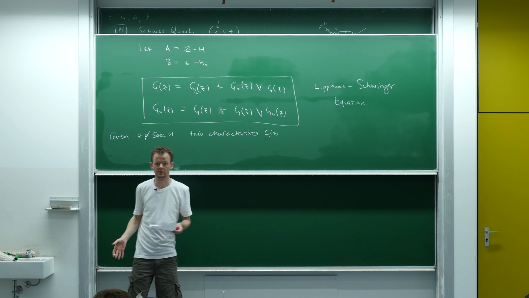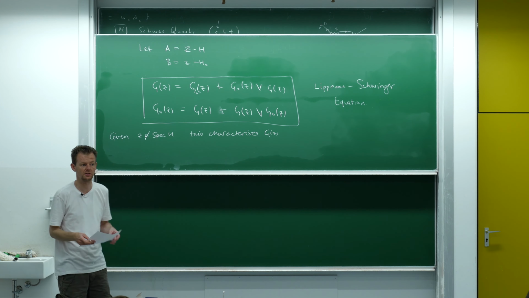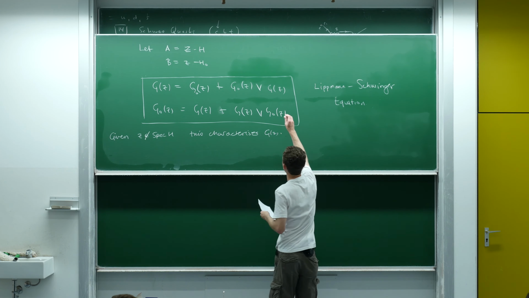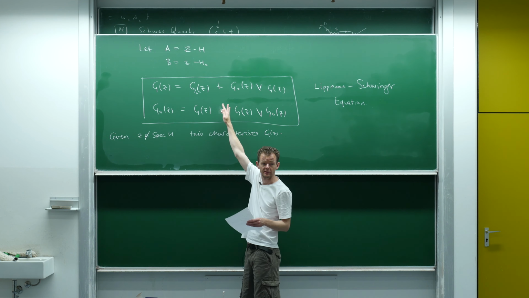Okay, if you know some Z and it's not in the spectrum of H, then you know G of Z if you know the right-hand side. And let's see what we can do. Maybe we can go some way towards calculating this right-hand side.